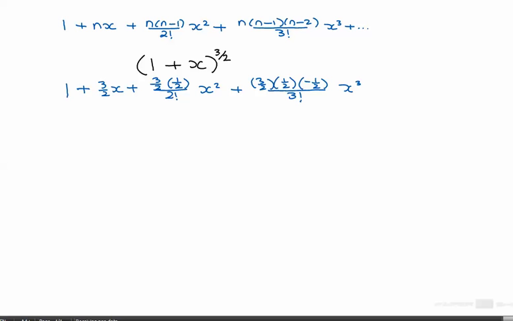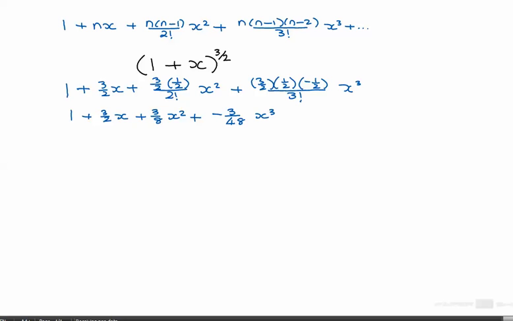So if we just carry on now and simplify that, we've got 1 + 3/2 x, and then plus 3/2 multiplied by 1/2 gives me 3/4, and then divide that by 2, that gives me 3/8 x^2, and then plus 3/2 multiplied by 1/2 multiplied by minus 1/2 gives me minus 3/8, but then divided by 6, which gives me 3/48 x^3.